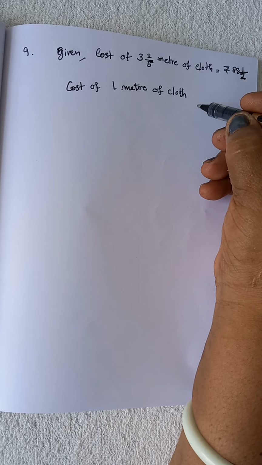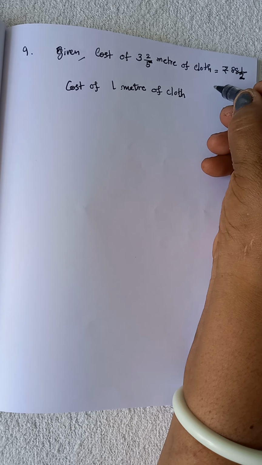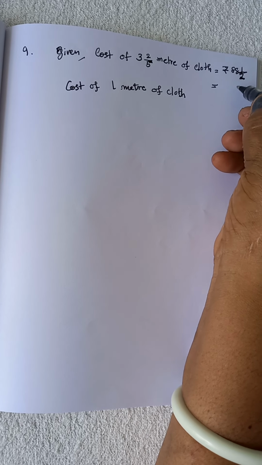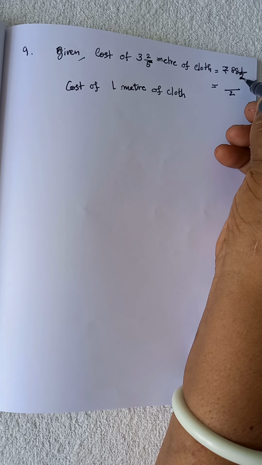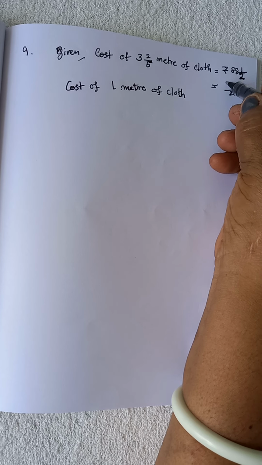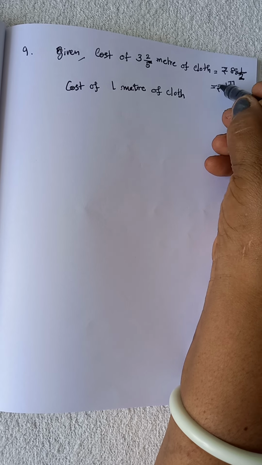Now we want to find out the cost of 1 meter of cloth. So now let us convert this mixed fraction to improper fraction. So 88 into 2, 176 plus 1, 177.